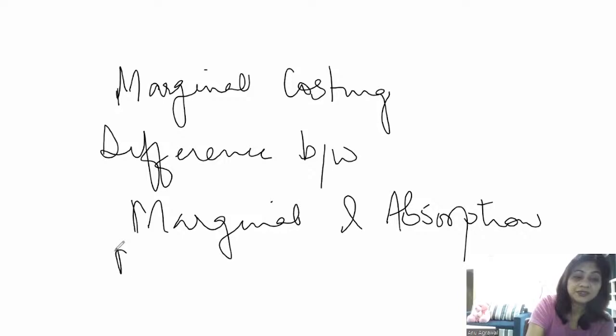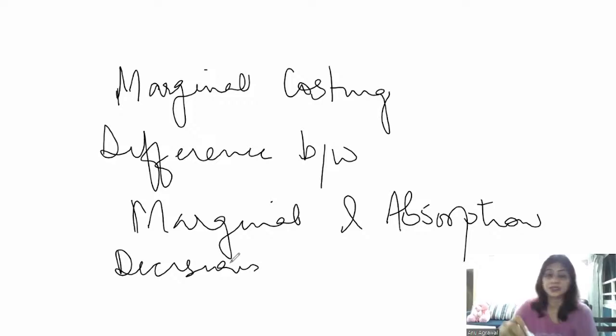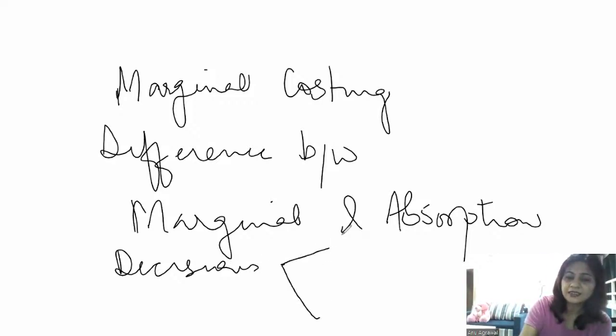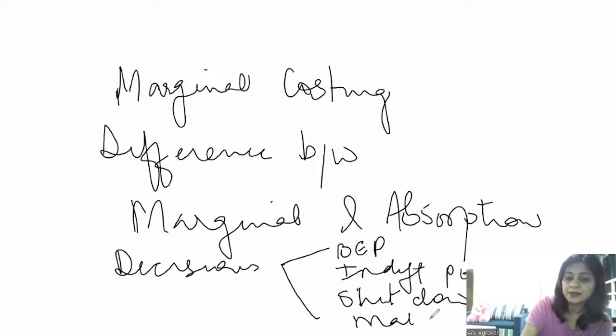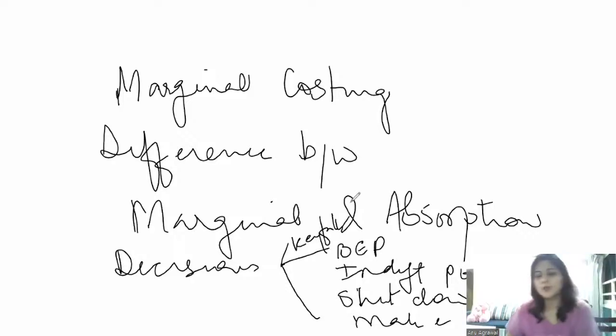How do you take decisions with the help of marginal costing? We'll be studying various things from break-even point to indifference point to shutdown point, make or buy, key factor. So many things we'll be studying when we'll be talking about marginal costing, something which we have never done before.